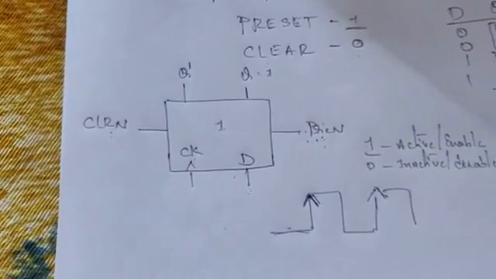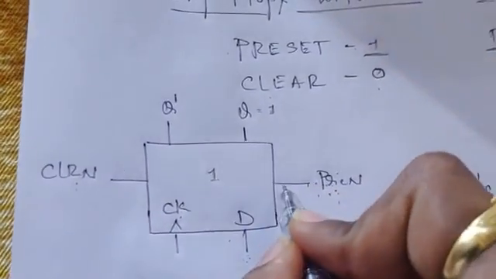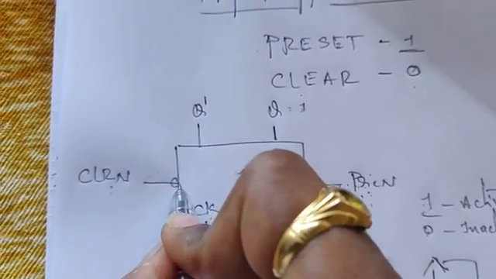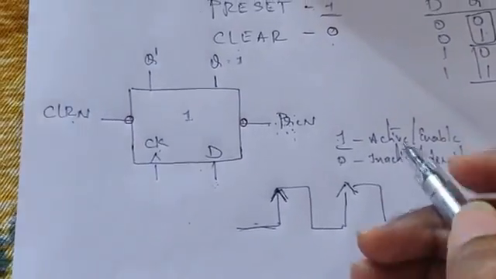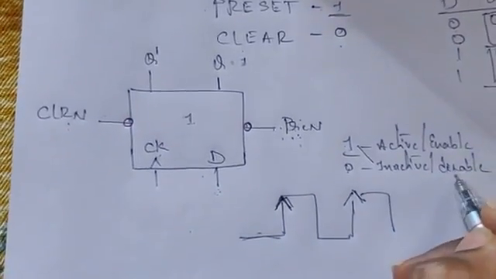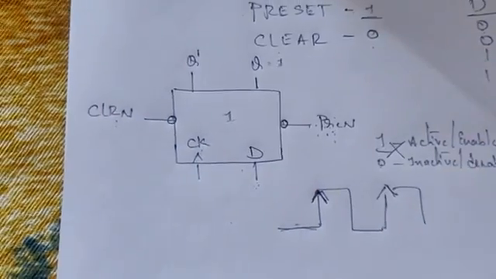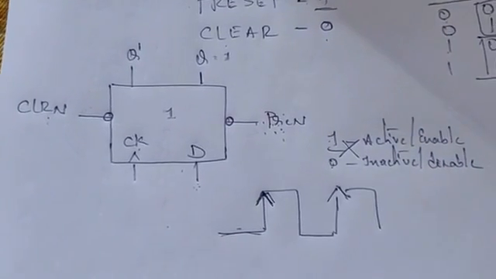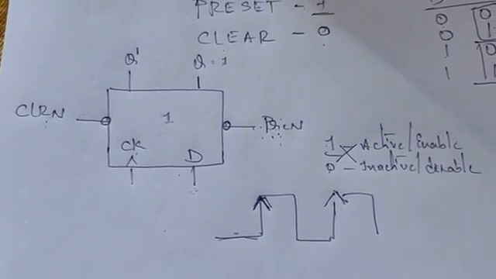But 1 is active and 0 is inactive. This is normal terminology, right? Then if I put a bubble here, this gets reversed. 1 is inactive or disabled, 0 is active or enabled. Because of the bubble, it gets reversed. So far, without the bubble, whenever you switch on the thing, you call it enable, and 1 is called enable.